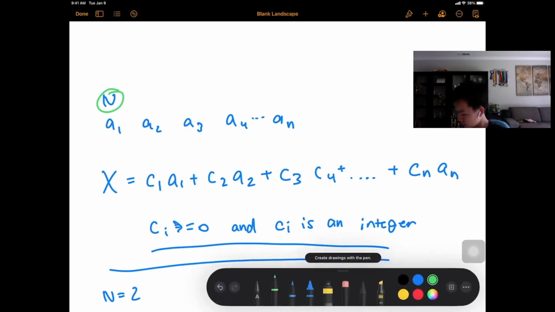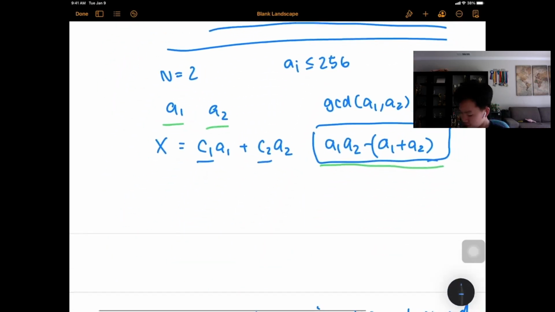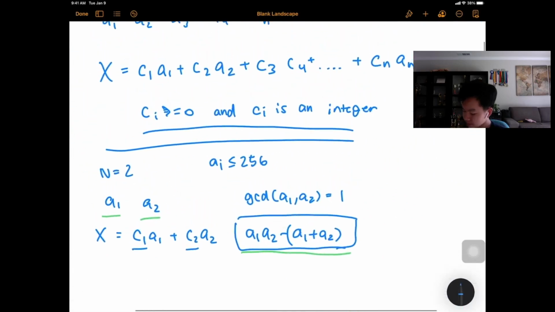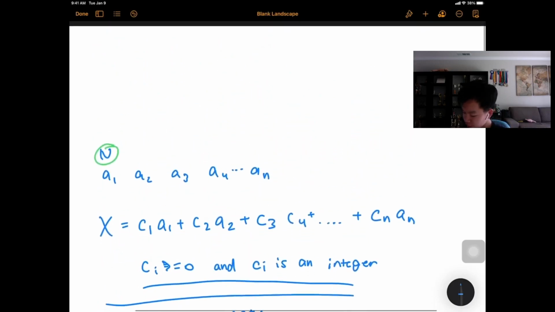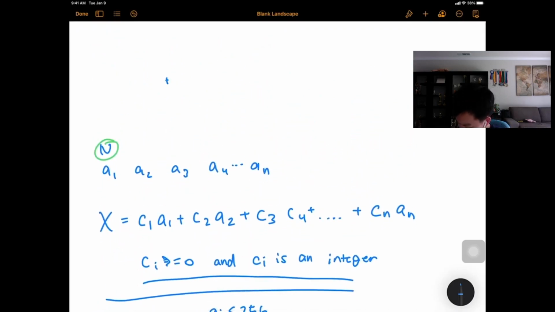So again, now we want to prove that the upper bound is equal to 256 squared.